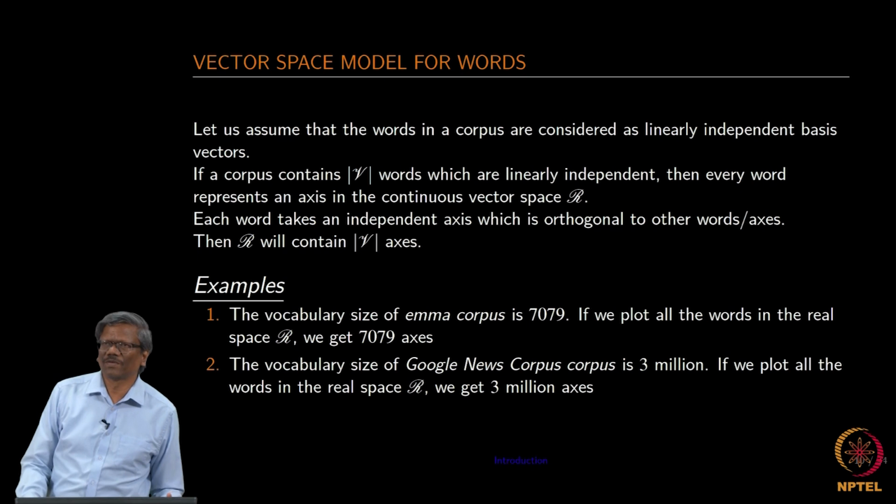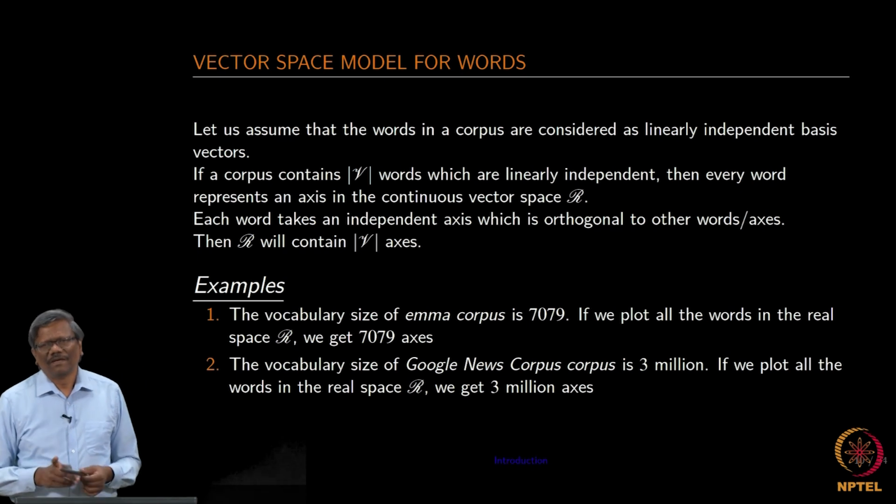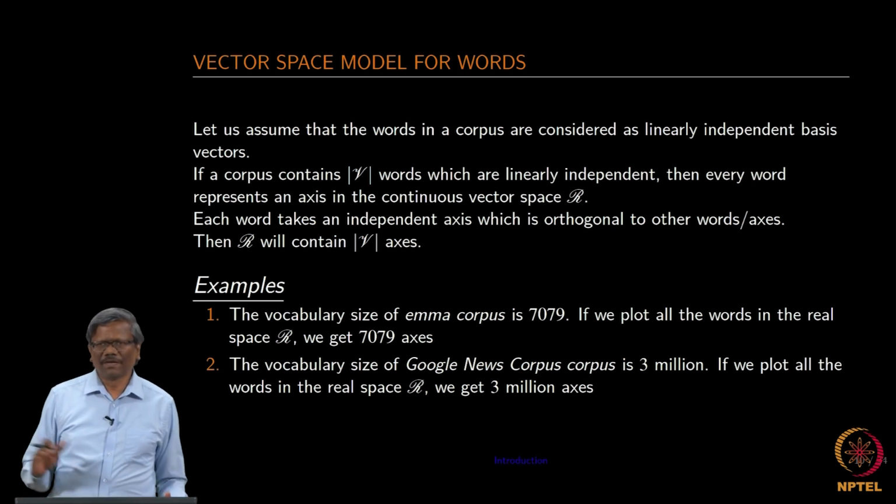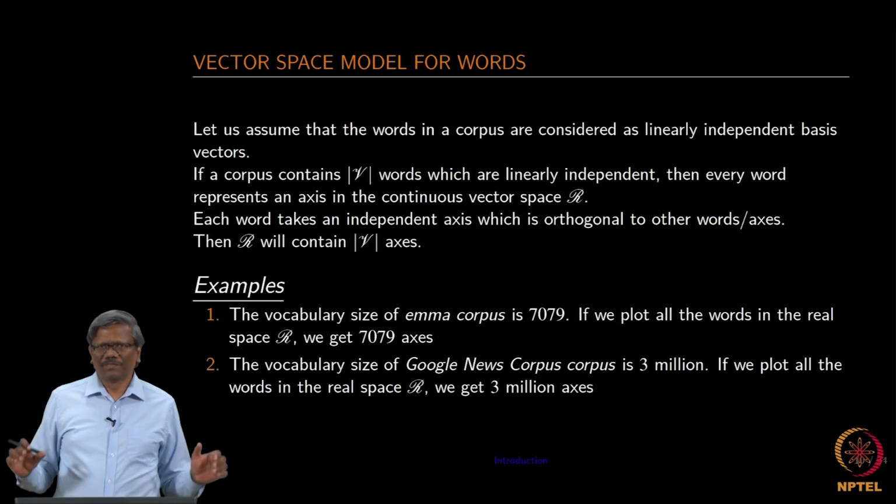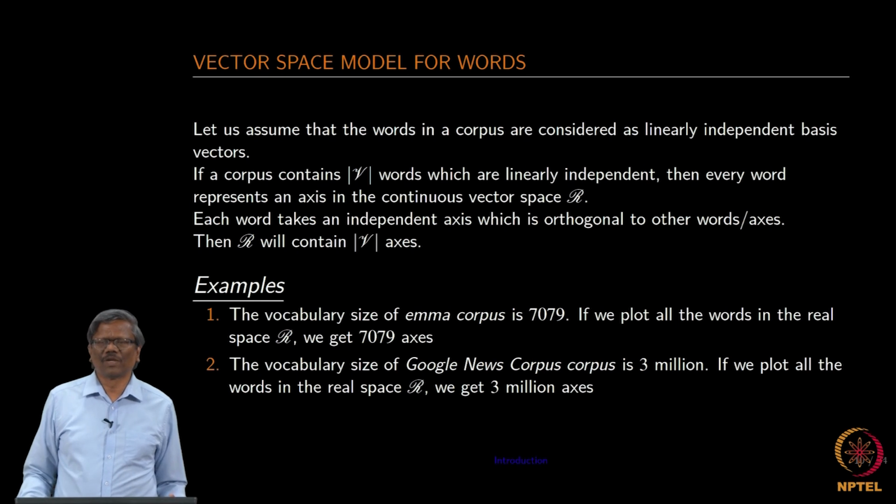To give you one idea, let us suppose we have a document collection containing about a billion words and about 10,000 documents, and I have a search mechanism to find what is in the documents.